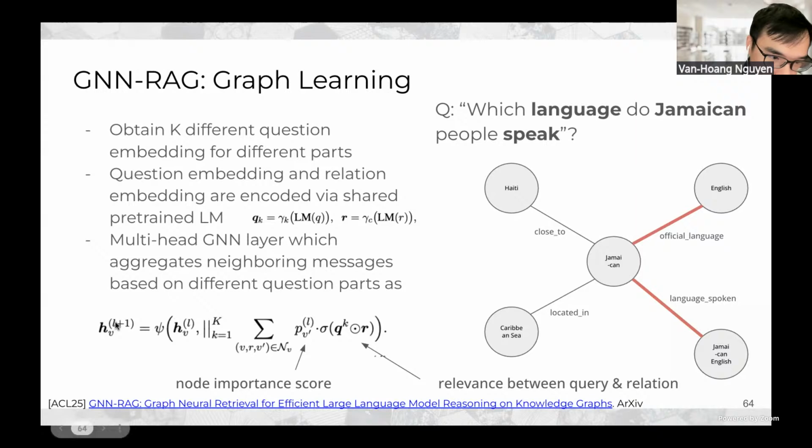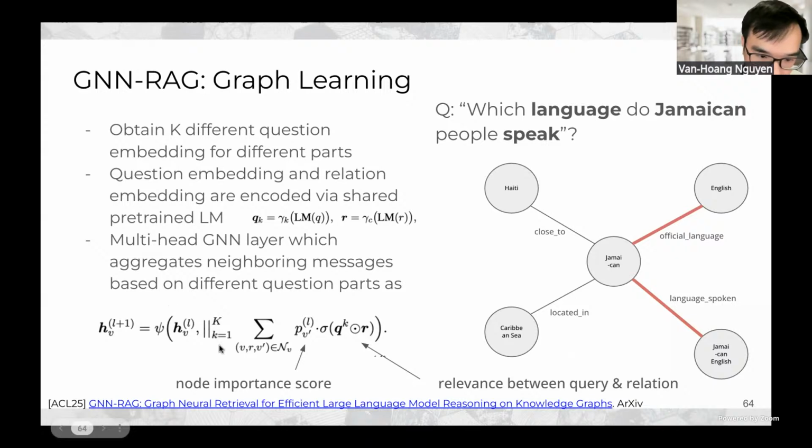First of all, this L here is the current layer of the GNN. So you can see that for the next layer of the GNN, the representation of the node is H^(L+1), and it depends on the previous representation of the node, that is H^L.